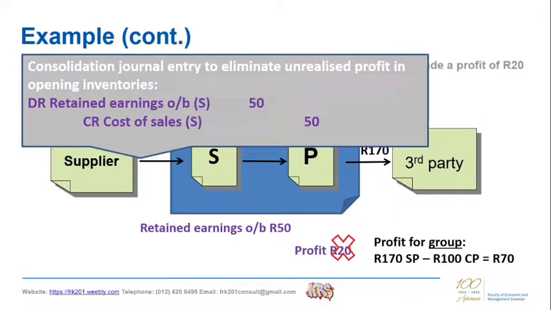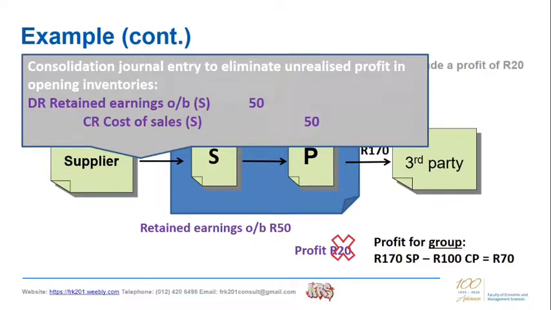The ultimate effect I'm achieving with all my consolidation journal entries over the 2 years is to move the profit made by S of 50 Rand out of year 1 into year 2. So it's the profit of S I'm changing. How am I changing gross profit? By changing cost of sales. In year 1, I had a debit to cost of sales of S to eliminate the 50 Rand.